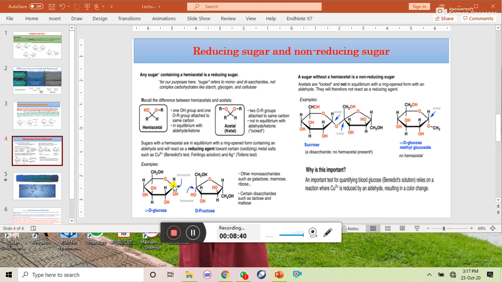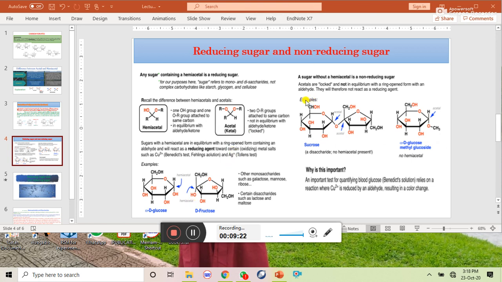Here this carbon is attached to one OR, one R, one OH and one H. So this is hemiacetal, and that's why it is called a reducing sugar. If you see the example of D-fructose, it also contains hemiacetal, so this is also termed a reducing sugar.